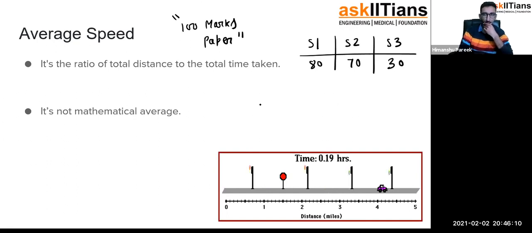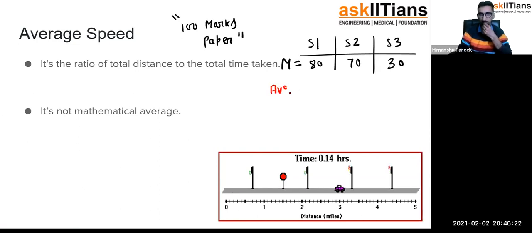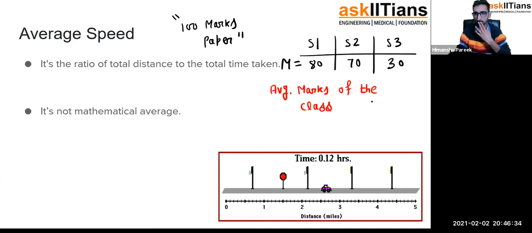What would be their average marks? These are the marks which I have given you. What would be the average marks for the entire class? Average, AVG is the short form I'm writing here. The average score of the class.